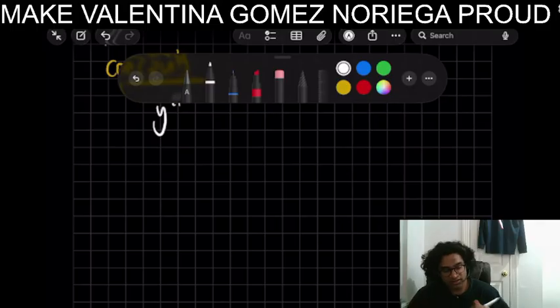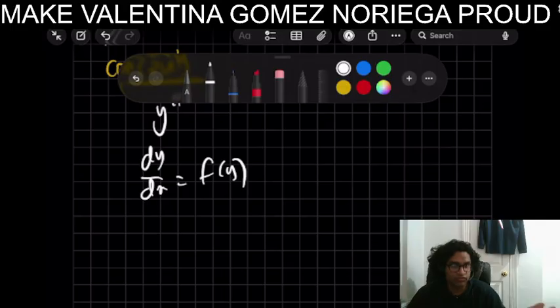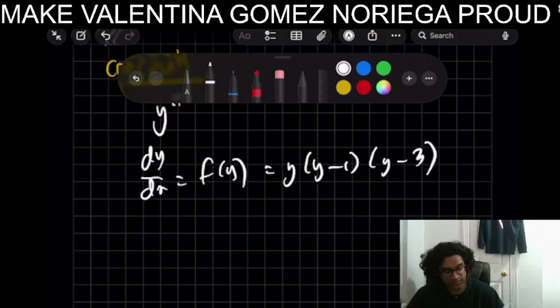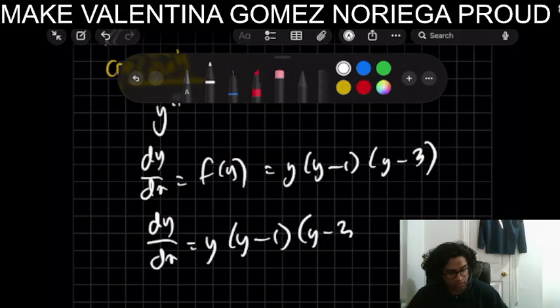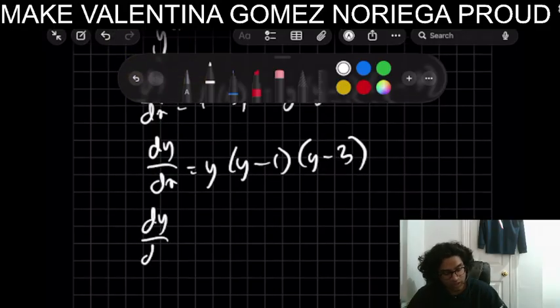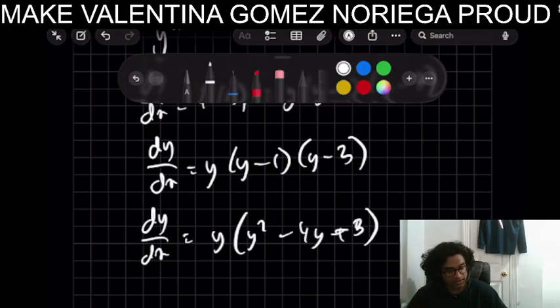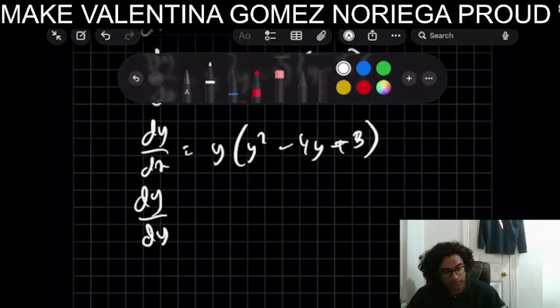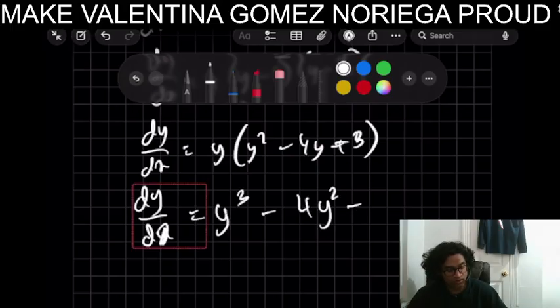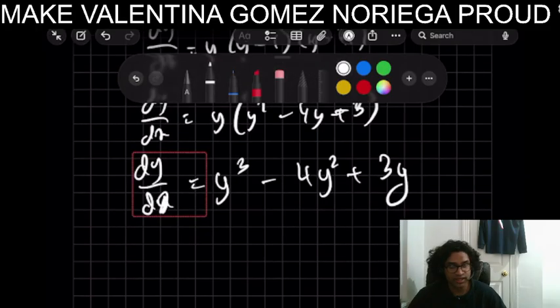Now obviously dy by dx is f of y, being y minus 1, y minus 3, which is y cube minus 4y square plus 3y.